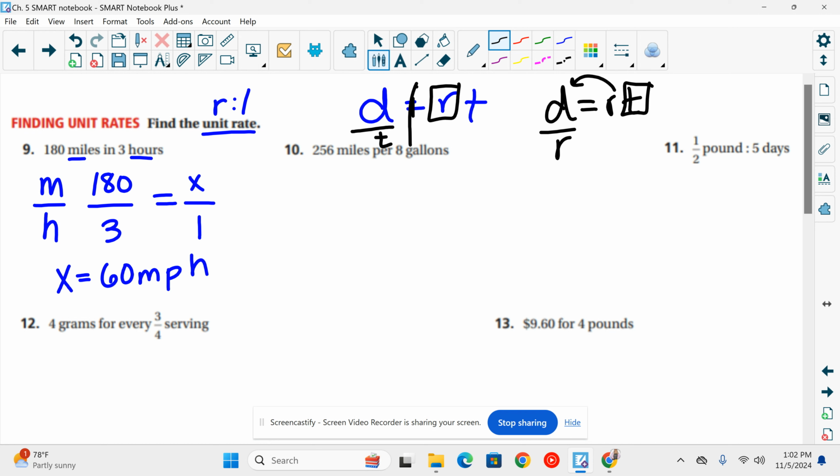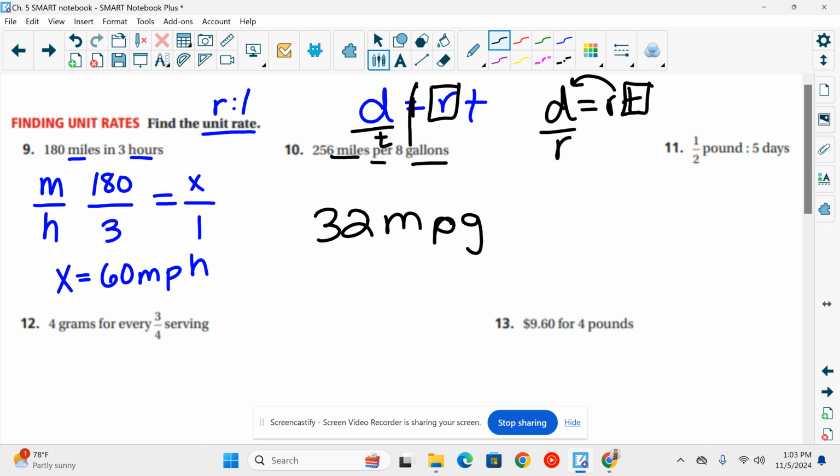All right. What do we get as the unit rate for number 10? 32. 32 what? Miles per gallon. Where do we see miles per gallon at? How many miles per gallon you get? Yeah.